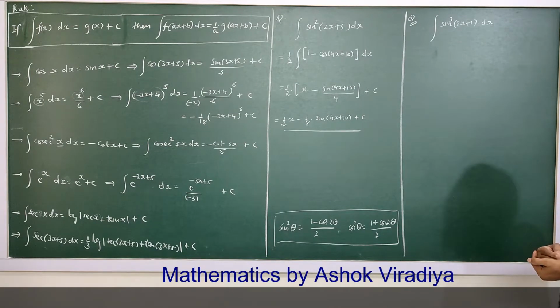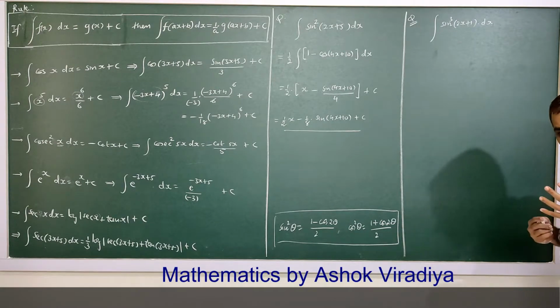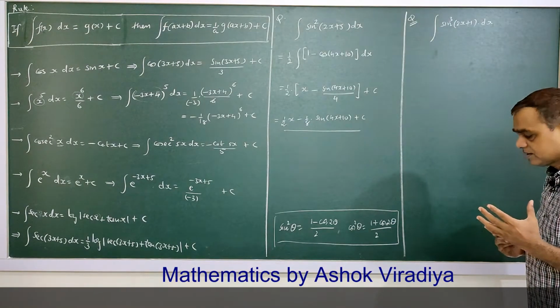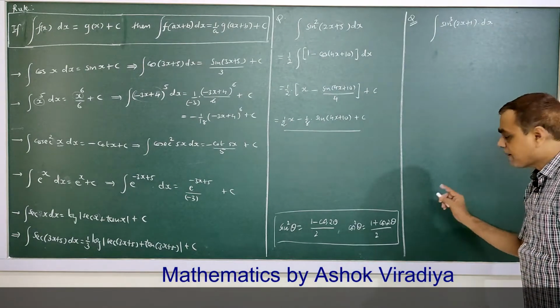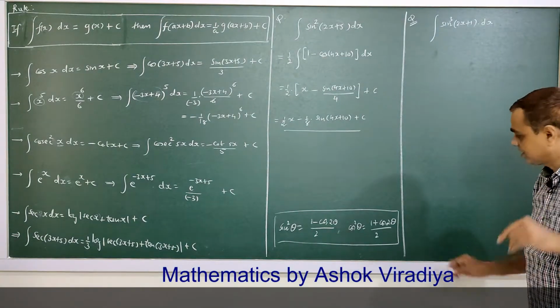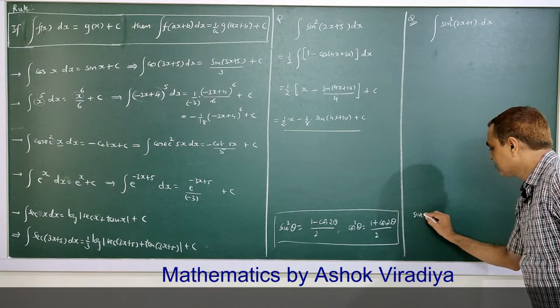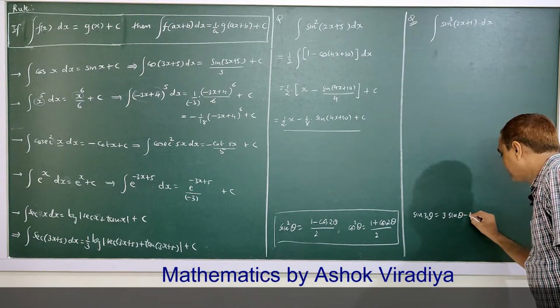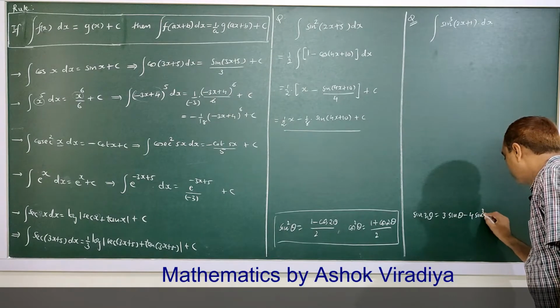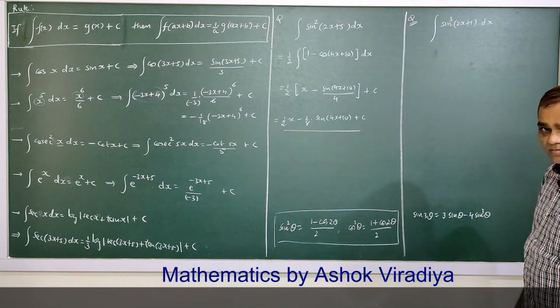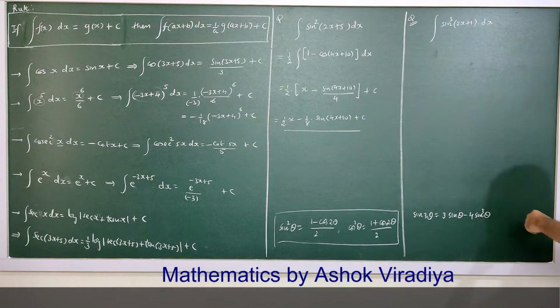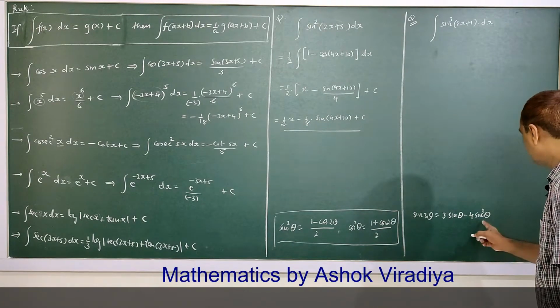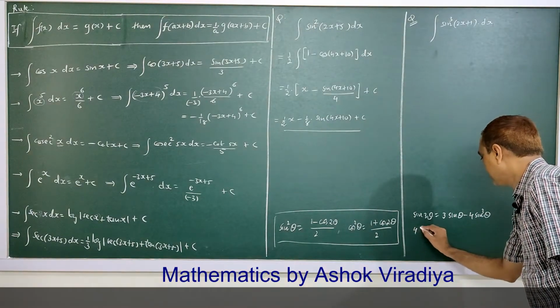Now here, sine cube. Whenever sine cube is given, then remember the formula for sine 3 theta. So we know that sine 3 theta is 3 sine theta minus 4 sine cube theta.